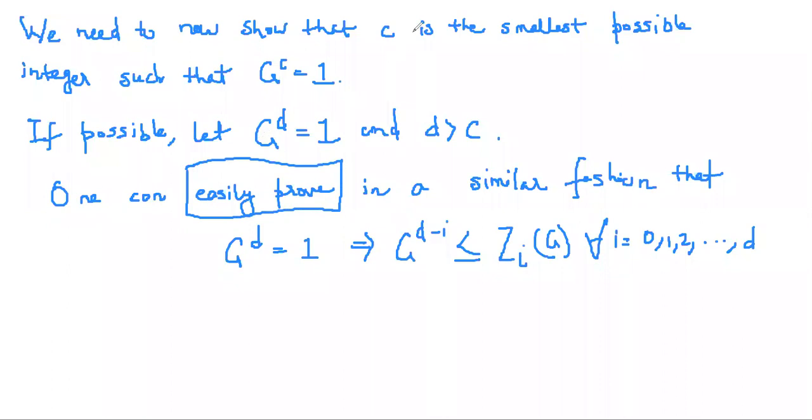Okay, there is a mistake which I have made. I have written, if possible, let G^D be 1 and then D is more than C, right? So if possible, I should actually assume that D is less than C, not more than C. I want to prove that C is the smallest, so I should assume that, if possible, there is something smaller and then get to a contradiction. So what do we get then?